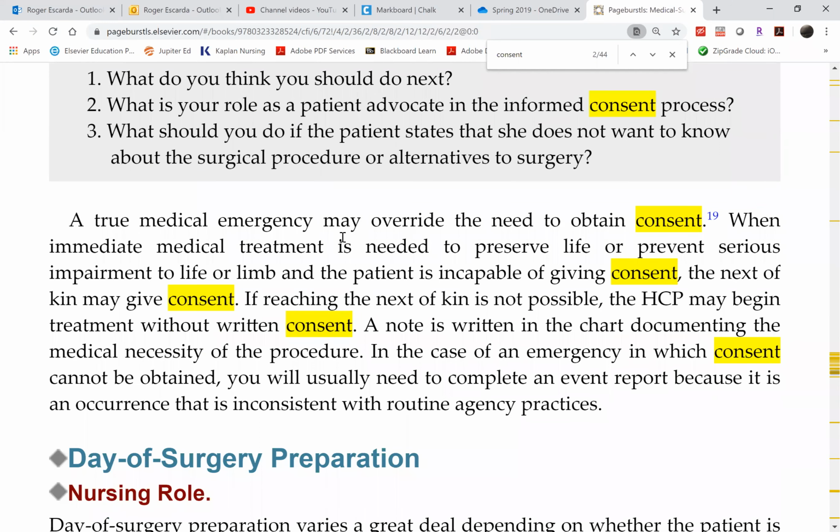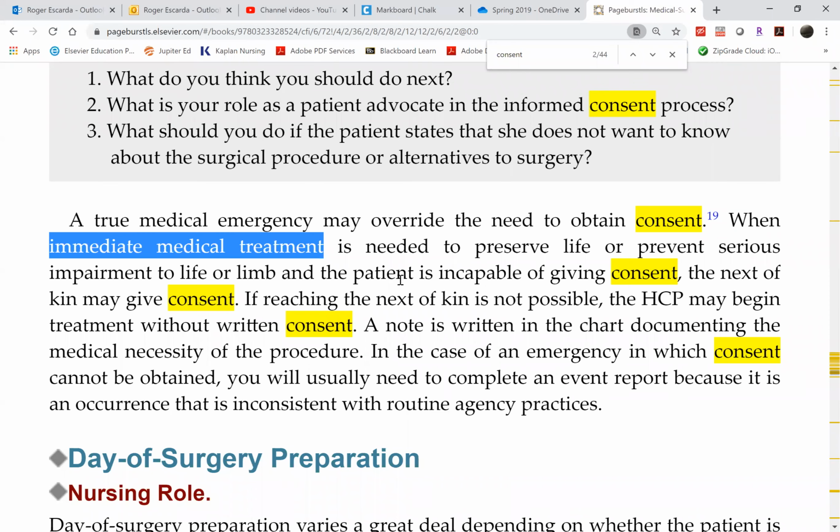What are the acceptable practices? Like here, for instance, this is an emergency, so a patient needs immediate medical treatment. So is consent really necessary? No, and that's the only exception I found in the book.